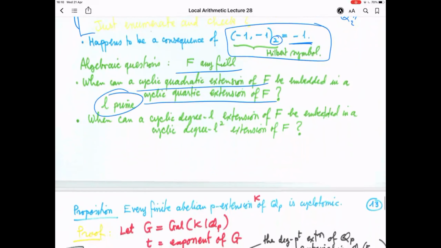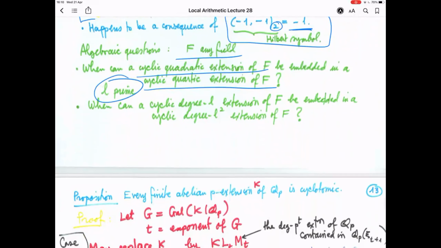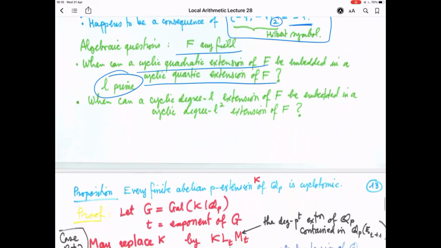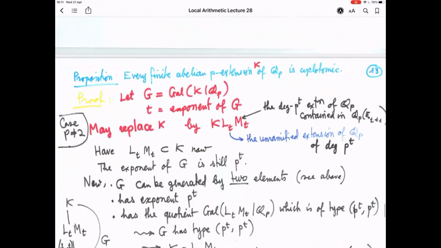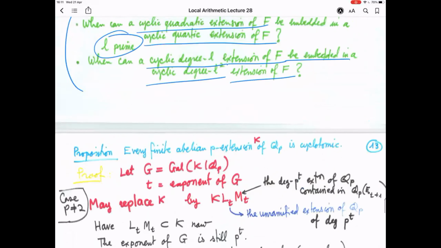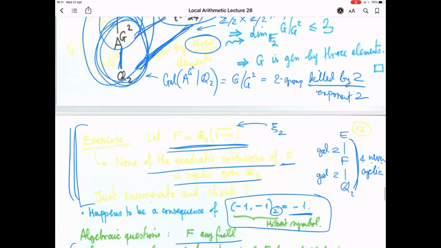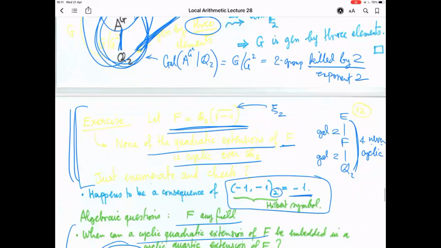And you could do more. You can choose a prime L, not just the prime 2, but any prime L, and ask, when can a cyclic degree L extension of F be embedded in a cyclic degree L squared extension of F? So these algebraic questions have answers, and we are not going to discuss it here. But what we need is this fact, which can be verified directly.